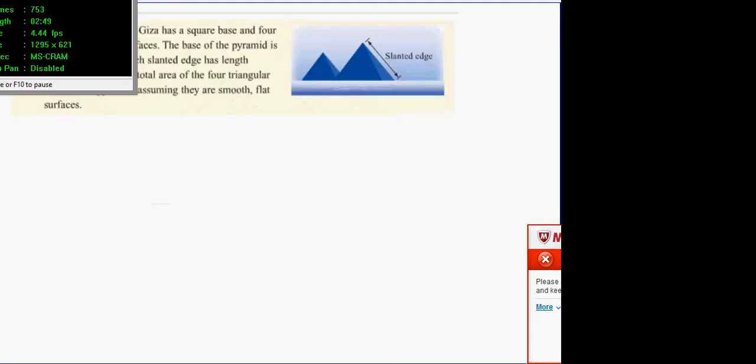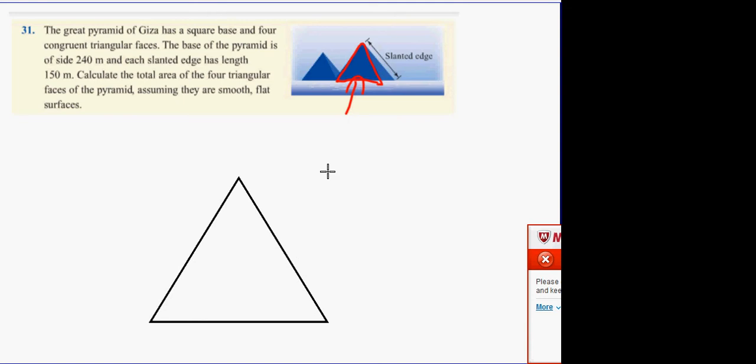Alright guys, you're going to pretend that you're looking at a front-on view of the pyramids, and this is the side we're going to be looking at. It's a triangle, and by definition it has to be isosceles, because it's a pyramid. We can draw the front of the pyramid like this.